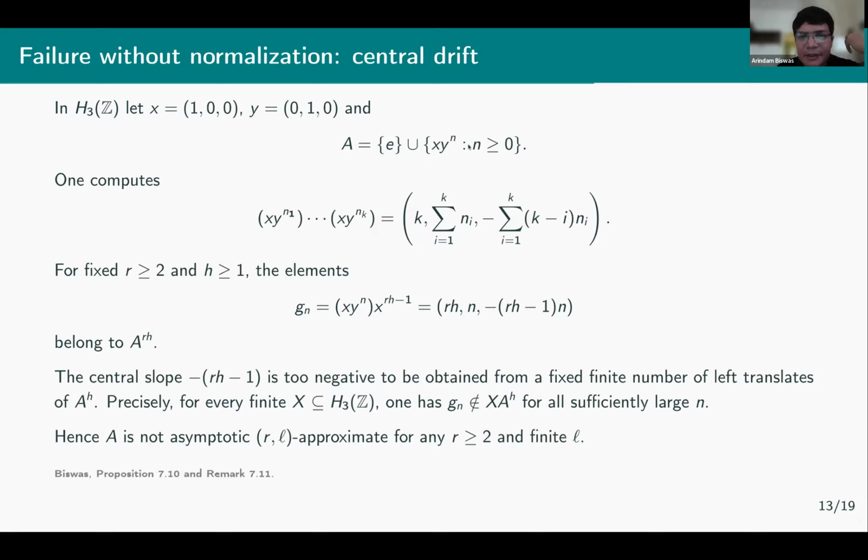This represents an arithmetic progression, like if we translate it to the abelian case, because it's just the n which is increasing.